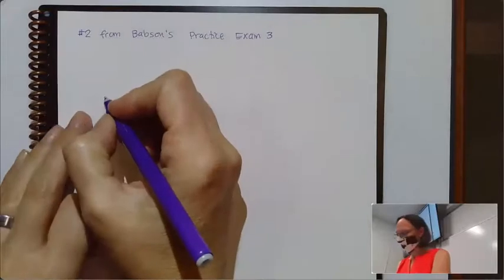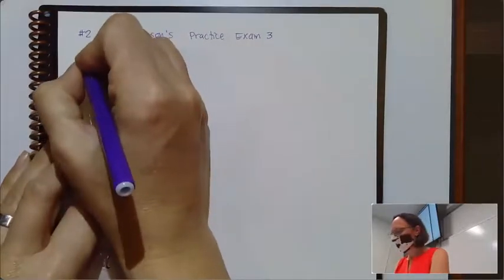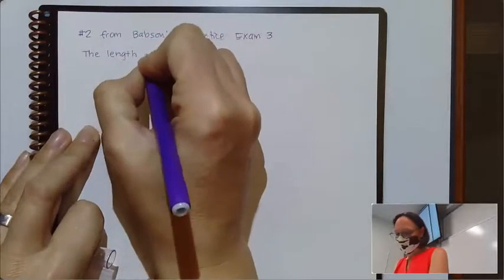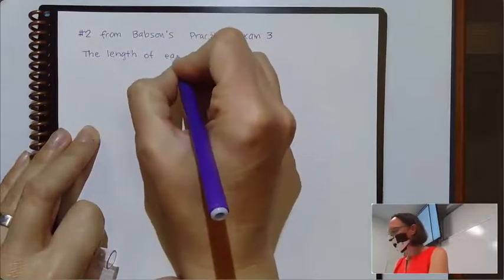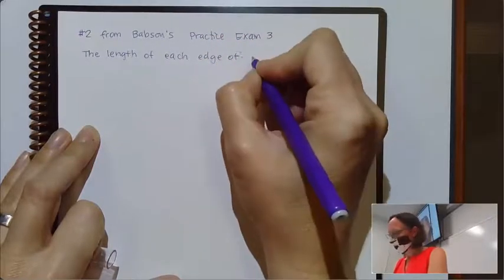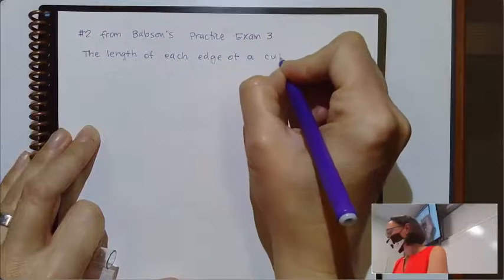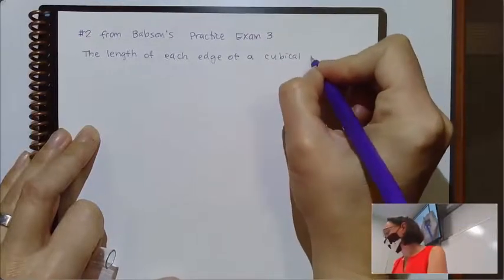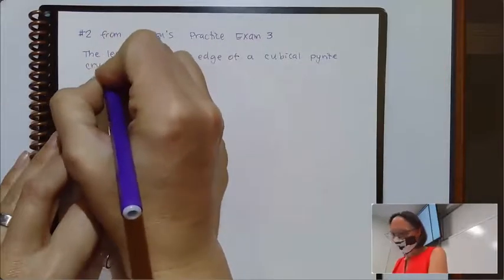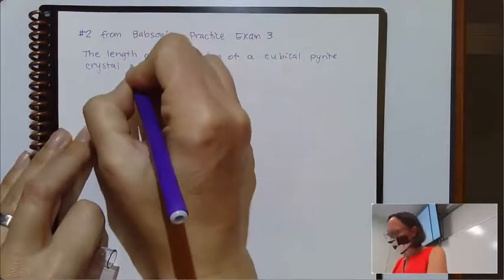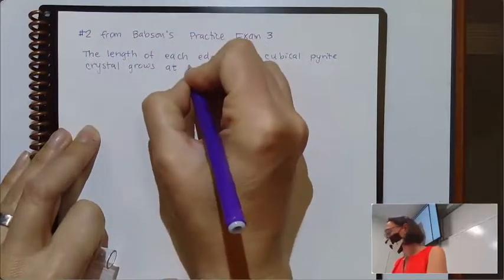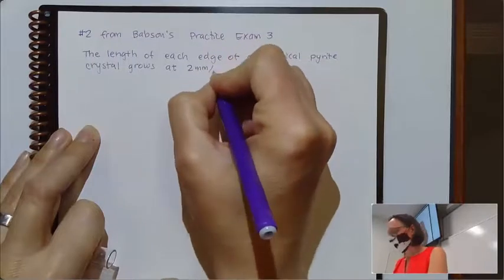What we know is that the length of each edge of a cubical pyrite crystal grows at 2 millimeters per year.